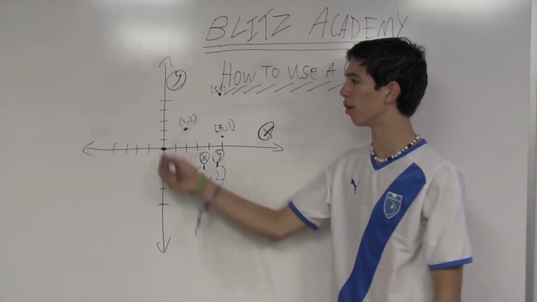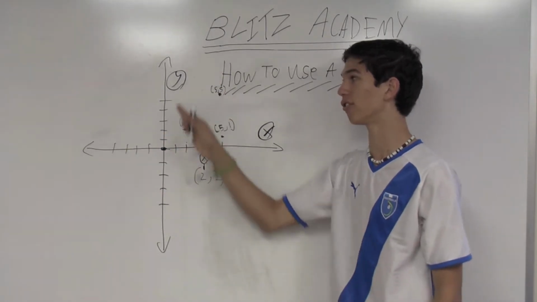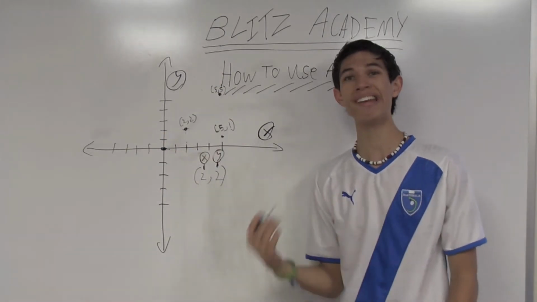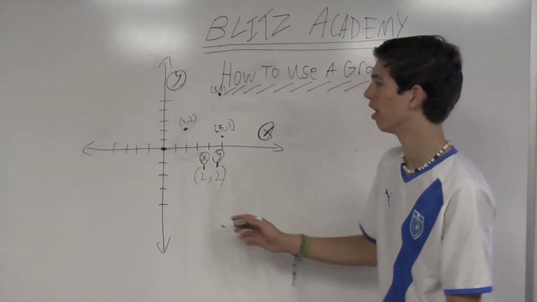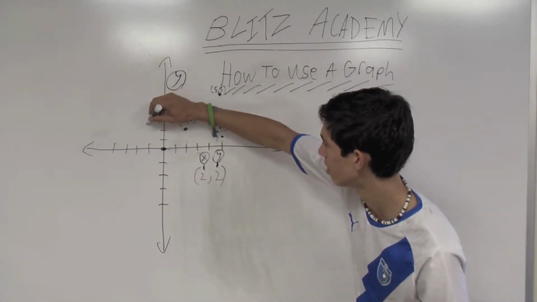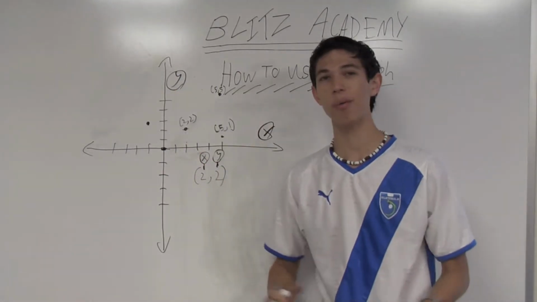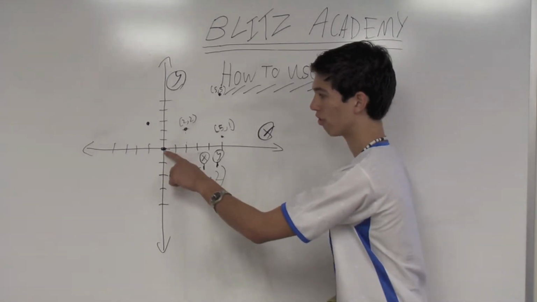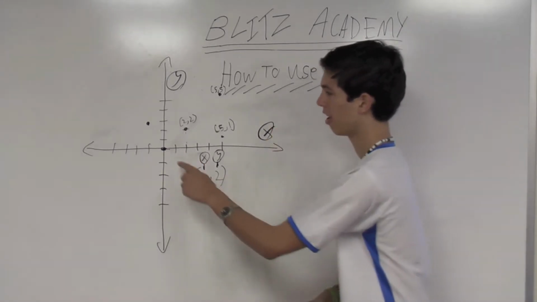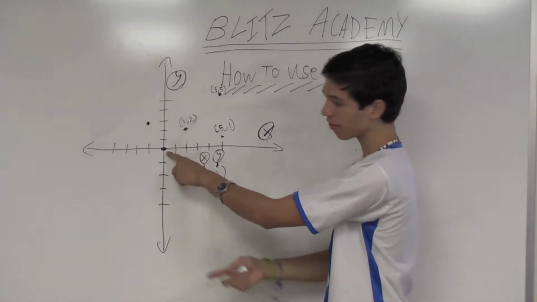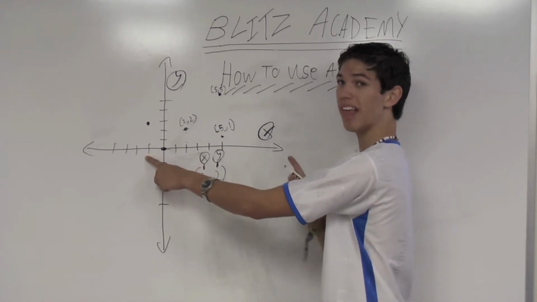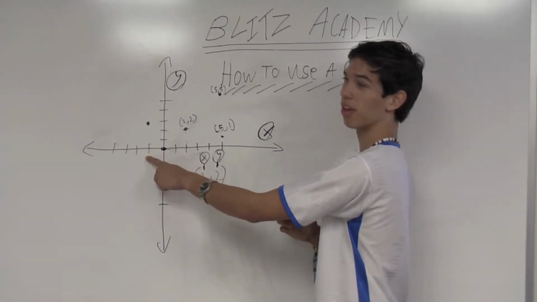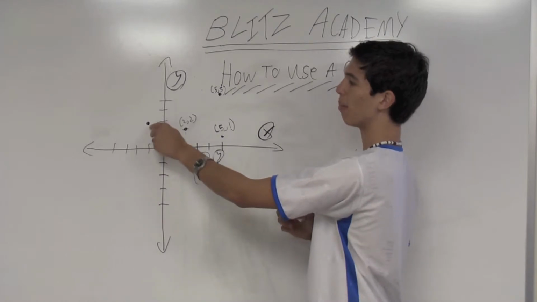But what if it appeared in other parts of the graph, not just this top right corner? Well, there are negative numbers for these values too. Let's say we had a dot right here. Let's find out what the coordinate is. We start at this origin. Remember, that's always your start space. And you move which direction? Left, 1. So you have to remember that you moved left because that means you're going to have a negative value. But for y, we actually moved up.